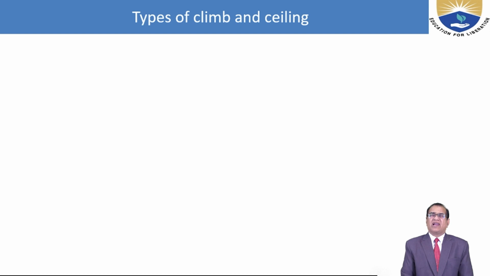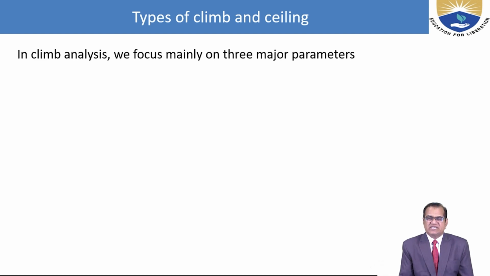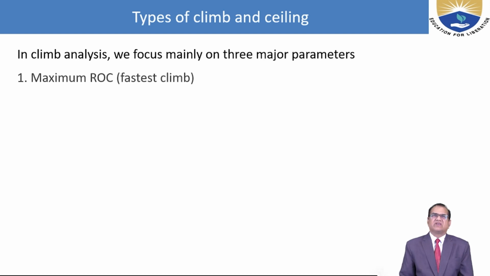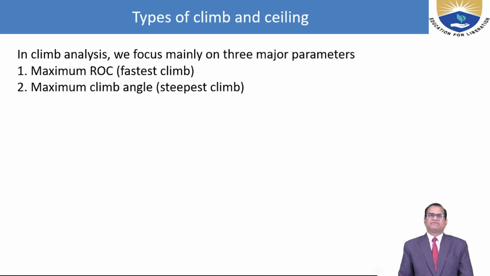Types of climb and ceiling. In climb analysis, we focus mainly on three major parameters. First is the maximum rate of climb, that is the fastest climb. Maximum climb angle, that is the steepest climb.